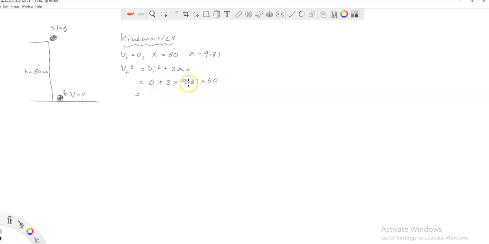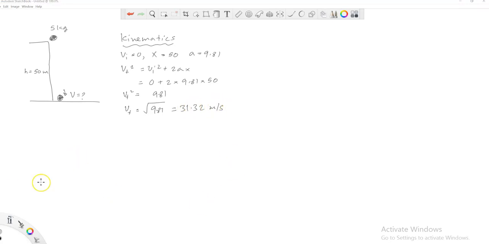So we get 981, that is v final squared. So v final is the square root of 981, which is 31.32 meters per second.